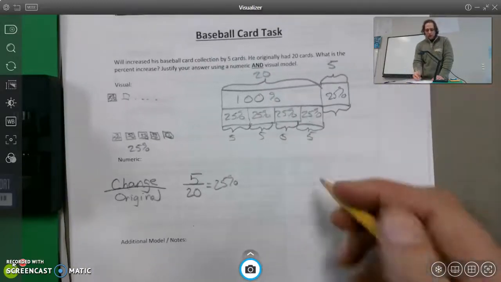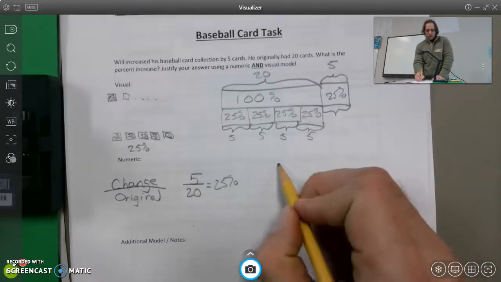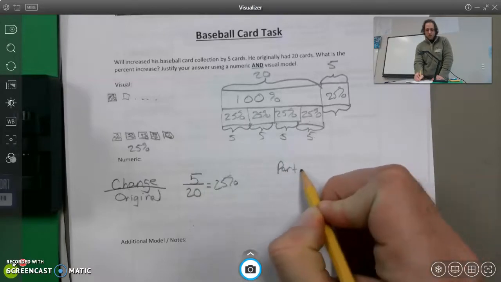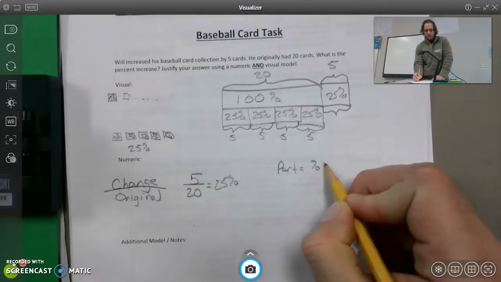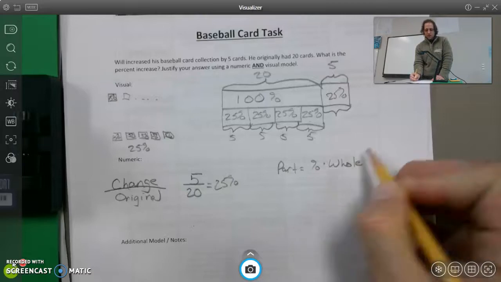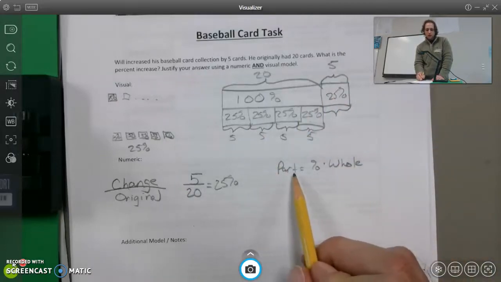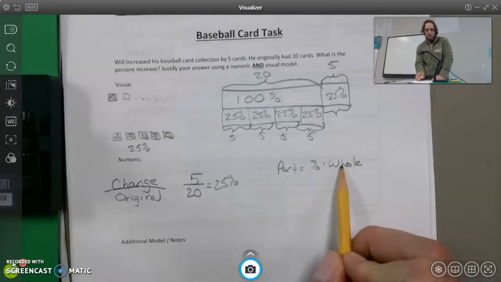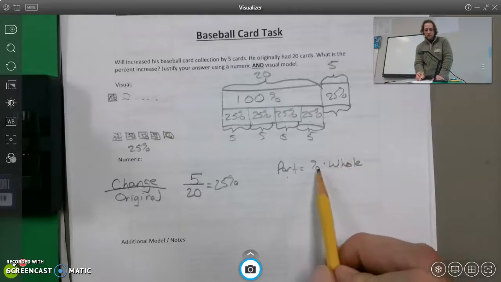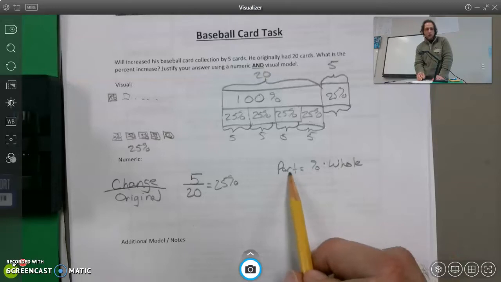You can go back to our original equation that we learned in lesson 2, part equals percent times whole. And really this is just a variation of this equation, right? What percent of the whole is this new part?